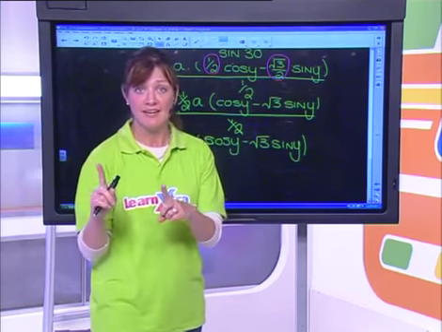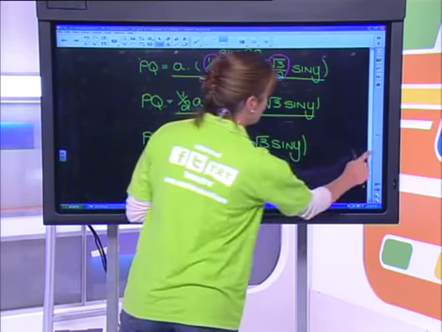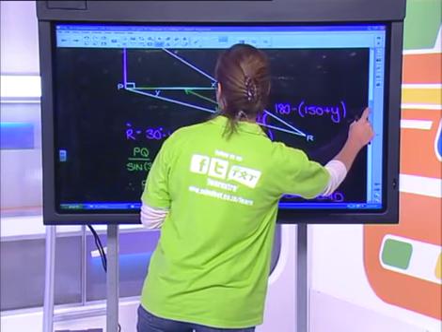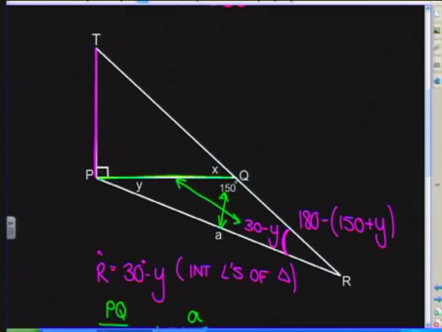But we're not done, all right? PQ, remember, was just the linking side between the two triangles. What we've done over here is we found PQ. What we need to work out is TP. So we've got a 90-degree triangle, so let's work with our ratios of sine, cos, or tan. From your angle of x, what we're trying to find is your opposite side, and what we now know is the adjacent side.